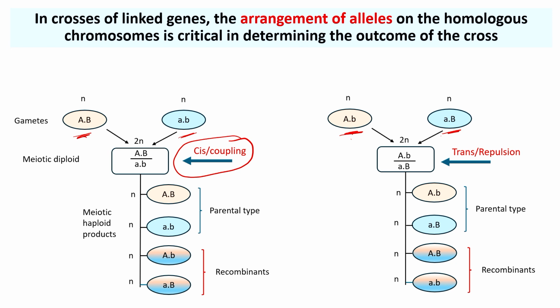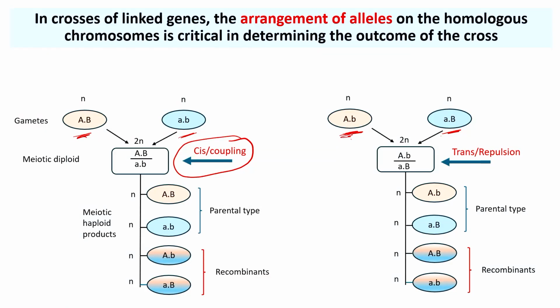When we are looking at two genes, we have one allele for one gene dominant and the allele for the other gene recessive, right. So on one homologous chromosome, they are neither both recessive nor both dominant, right. So this kind of configuration is called trans or repulsion.